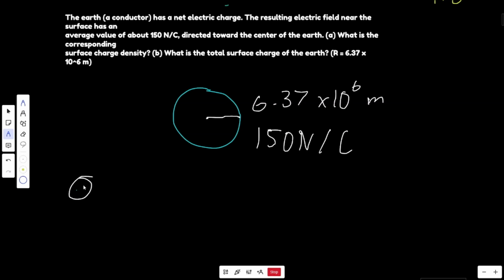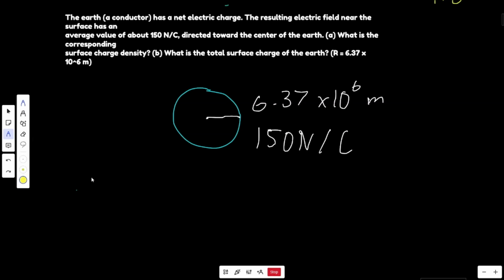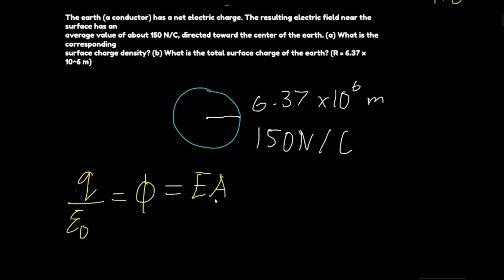We have Gauss's law being equal to Q over epsilon naught, and we also have the other equivalent of electric flux being EA. We have the electric field, we can get the area, and we need the surface charge density, and we also need the surface charge. So what do we have to do?